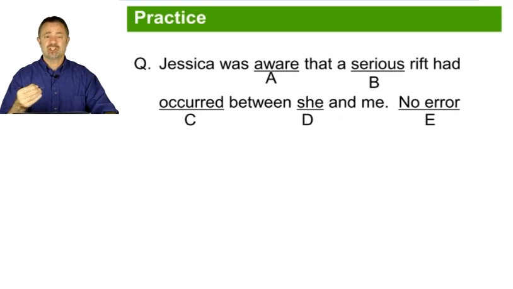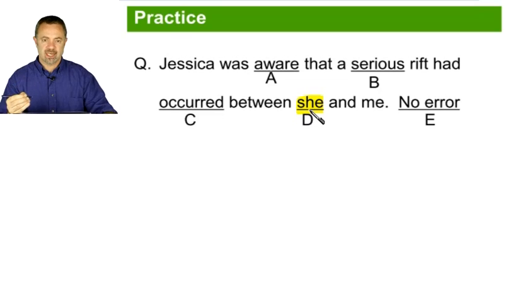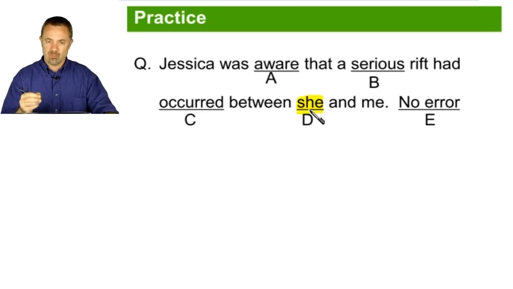Well, between is our preposition, therefore she is our prepositional object. However, she is a subject pronoun, so D is our correct answer. It should be an object pronoun, being her. Okay, I realize that seems to be a lot, but if you just think about it, you wouldn't say between she, you would say between her and me.